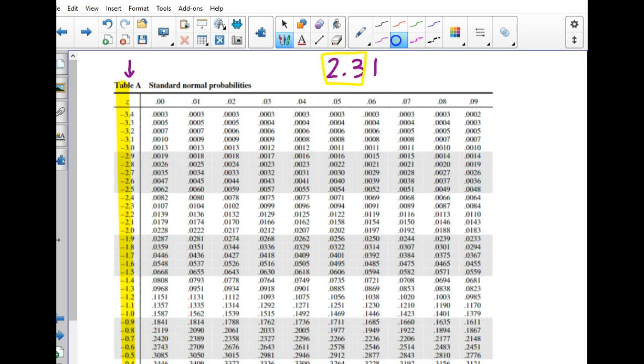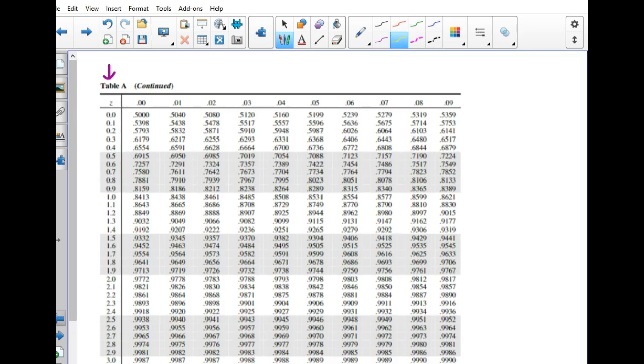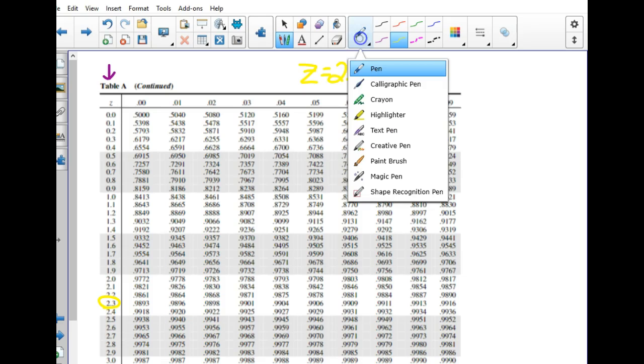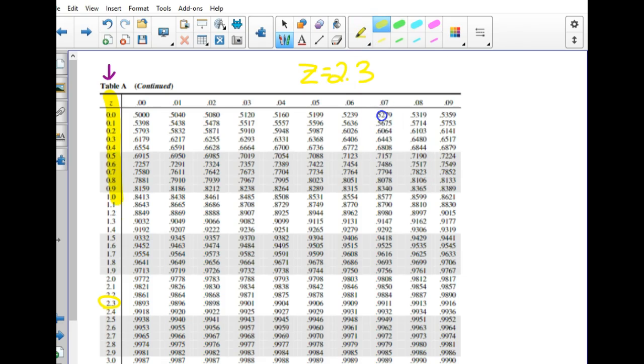Am I going to find 2.3 on this side? Nope, I need to go to the positive side, and I want everyone to find the z-score with 2.3 only. So 2.3 is right here, right? So this column again is the first two digits of our z-score. Then what do you think this row is? Yeah, it's the last digit of your z-score.